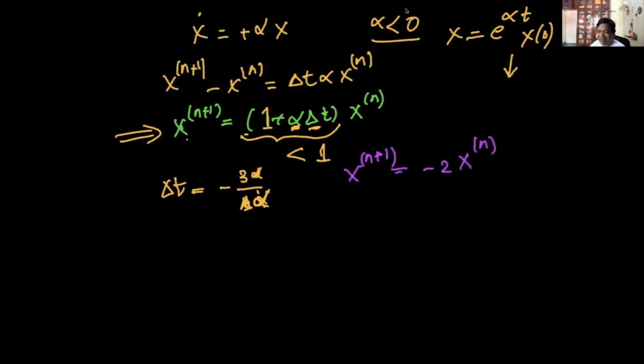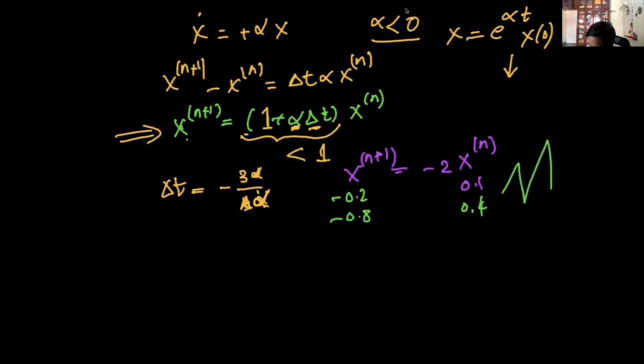And what happens in this situation? Will x_{n+1} decrease with time or not? It's minus 2. So if we start with, let's say, 0.1, this will be minus 0.2. Then after that, multiplying again by minus 2, we get 0.4, then minus 0.8. So it's just increasing in magnitude; in fact, it's oscillating.